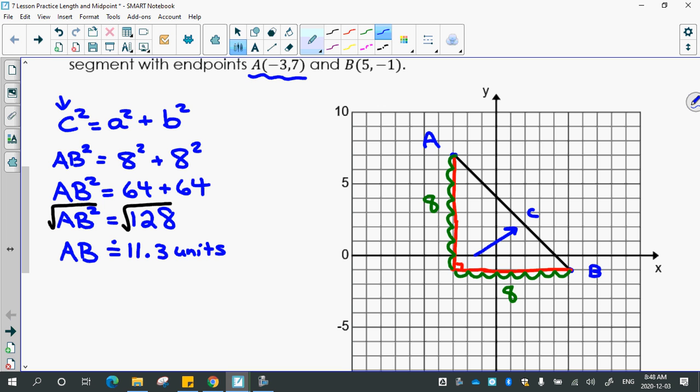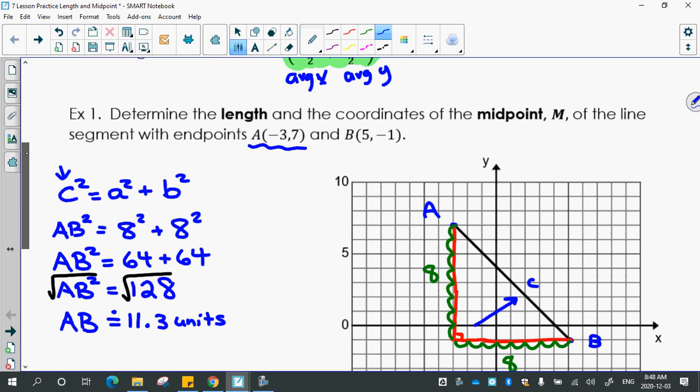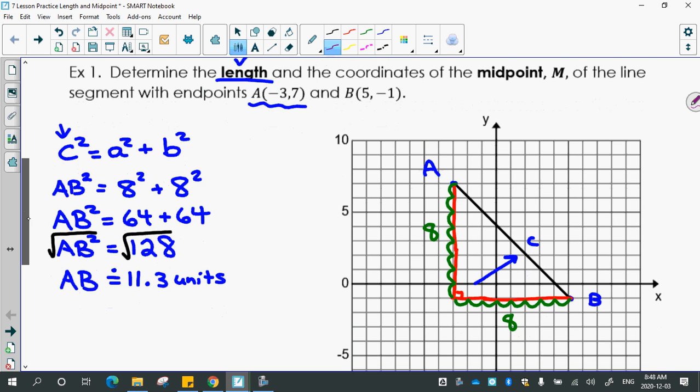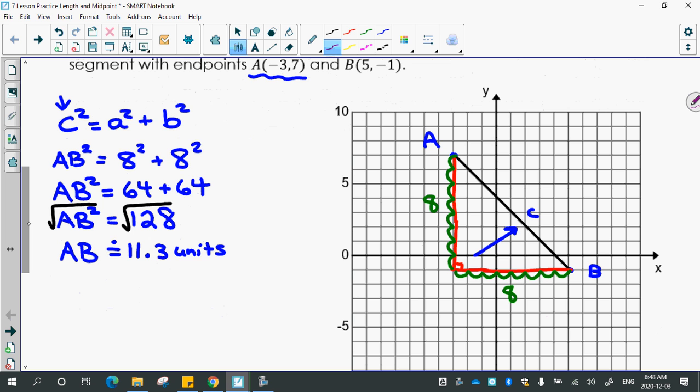So far, so good? Okay, so determine the length. So we did length. Midpoint, we can do, I use purple here. So if we know that vertically there's 8 units, then we know that the midpoint's going to occur 4 units down.